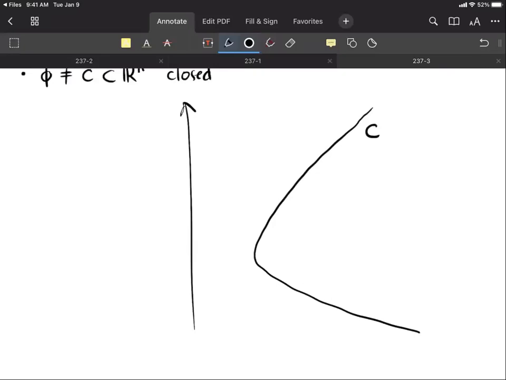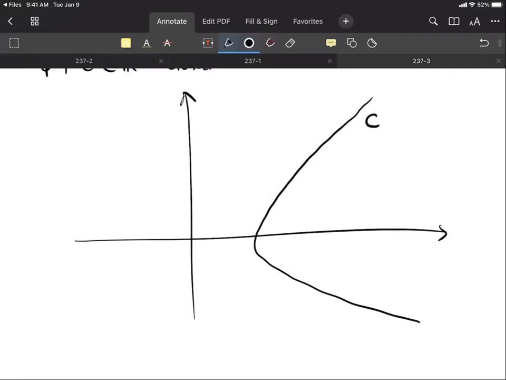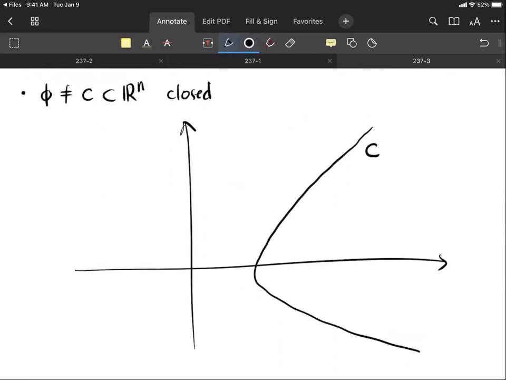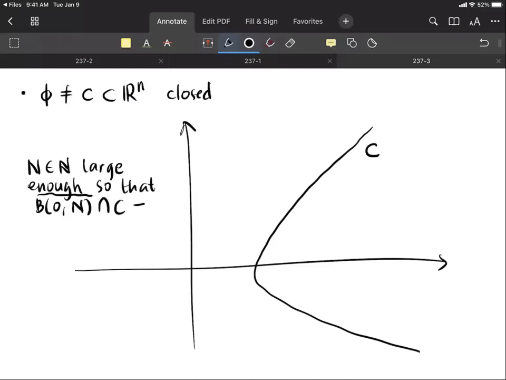Now, what we do is we take N large enough so that the ball centered at 0 with radius N, or the closed ball, has intersection with C that is non-empty.